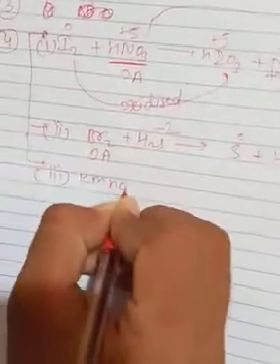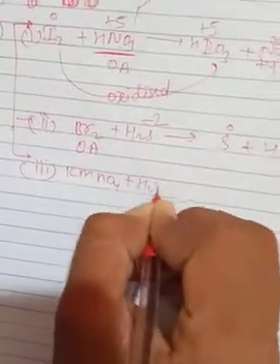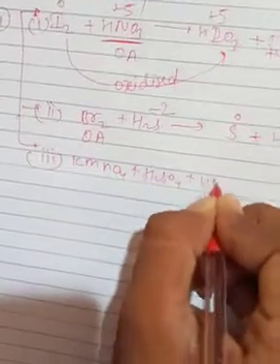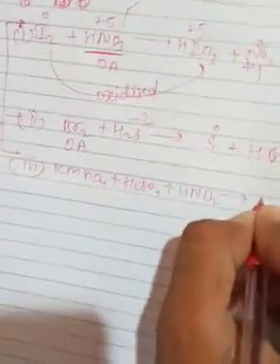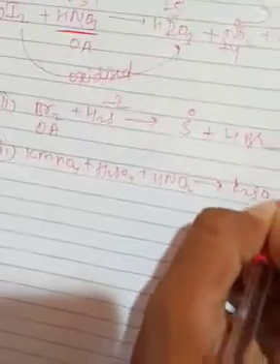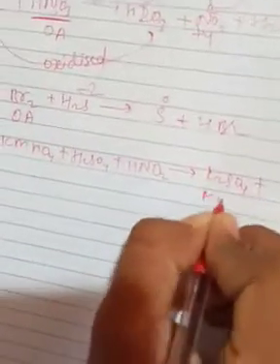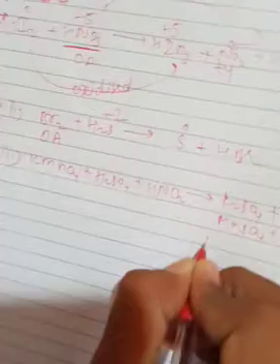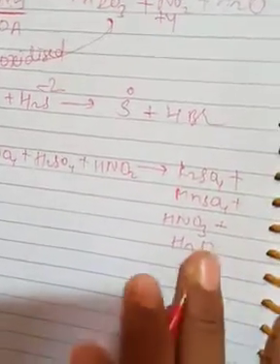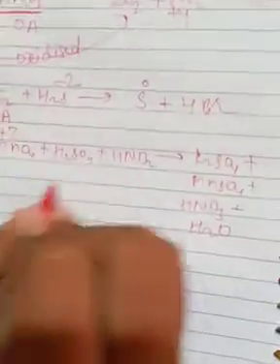KMnO4 plus H2SO4 plus HNO2 gives K2SO4 plus MnSO4 plus HNO3 plus water. So what is happening here? Carefully look: +5 oxidation state here, +3 oxidation state here, +2 oxidation state here, +5 oxidation state here.